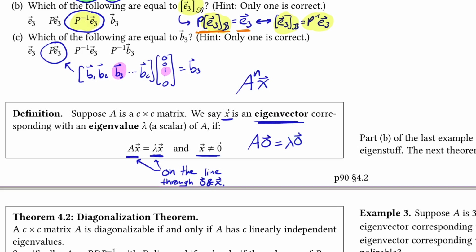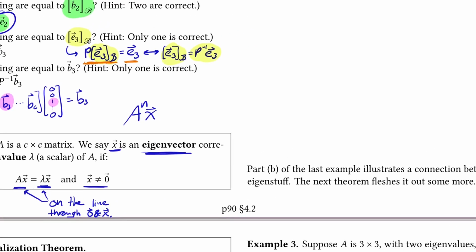So we would be able to say that 0 is an eigenvector that corresponds with every single real number eigenvalue. And that's kind of like this trivial solution, sort of weird edge case thing. We're not going to call that an eigenvector. So only non-zero vectors can be eigenvectors.